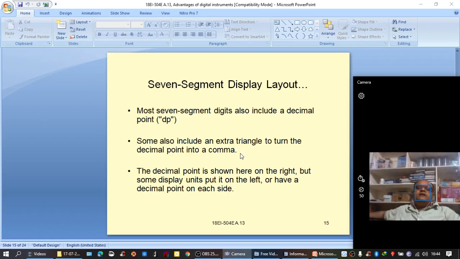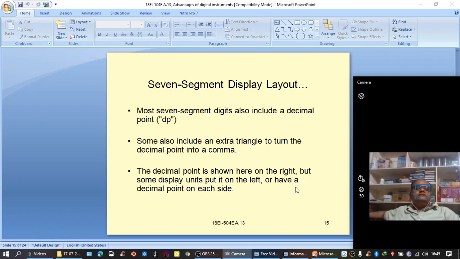Some displays also include an extra triangle to turn the decimal point into a comma. The decimal point is shown here on the right, but in some display units it would be placed on the left, and even in some units decimal point would be placed both on left side as well as right side.